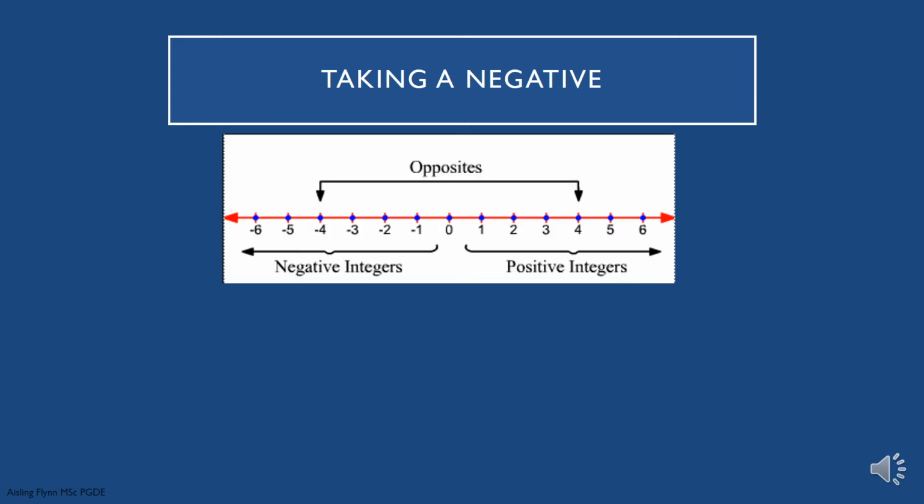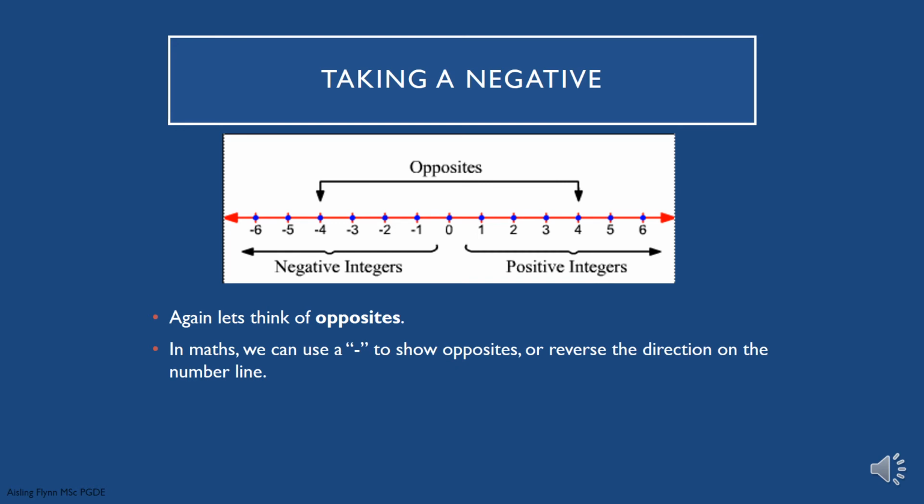And finally, a third way of looking at taking a negative. We're going to consider opposites again. So in maths, we can use a minus sign to show opposites or reverse the direction on the number line. So you can see on the number line that the opposite of positive 4 is negative 4.